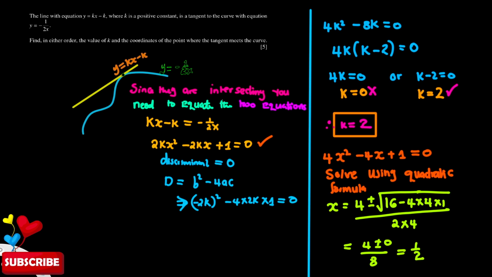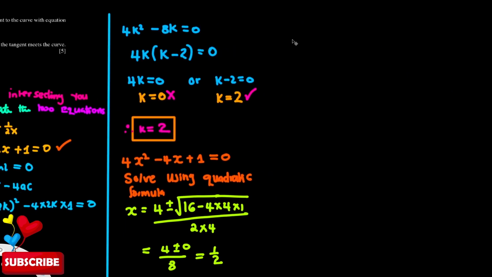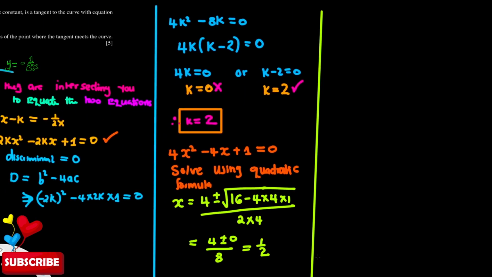Having the value of x, we can find the value of y because we are asked to find the coordinates of the point of intersection. So going to one of the equations, y equals negative 1 over 2x, since we know the value of x, we can substitute it here, and if we work it out, we get y equals negative 1.